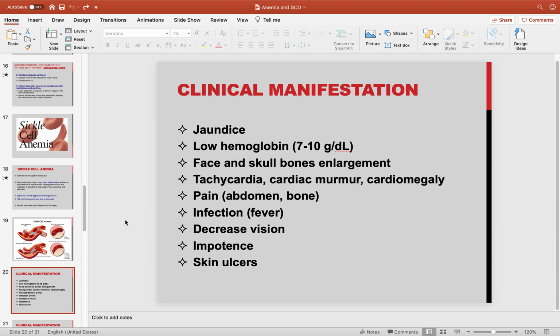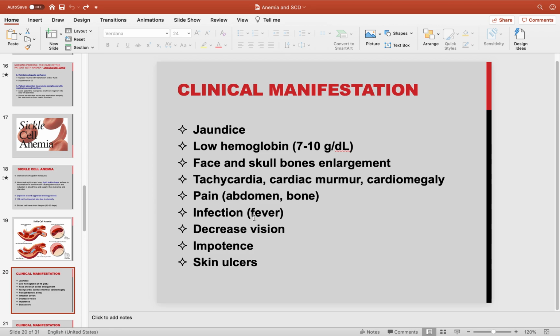The patient sometimes also has abdominal pain and bone pain, because of the anemia, the effect on other organs like the spleen or liver, and the excessive production of RBCs due to their destruction. The patient could also develop infection, because the blood cells are stuck in the blood vessels.